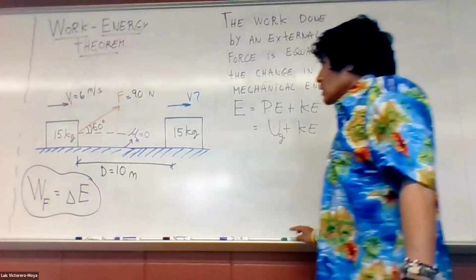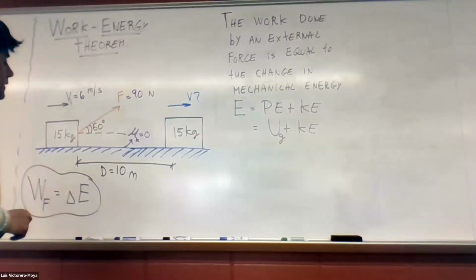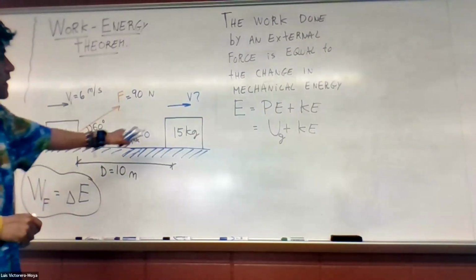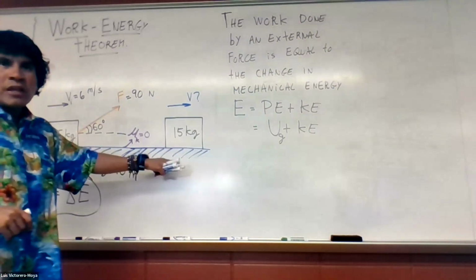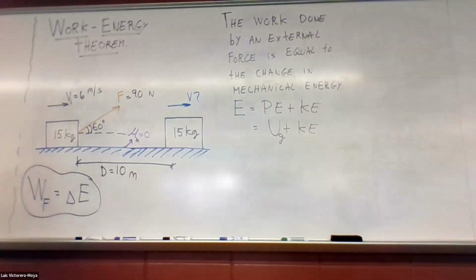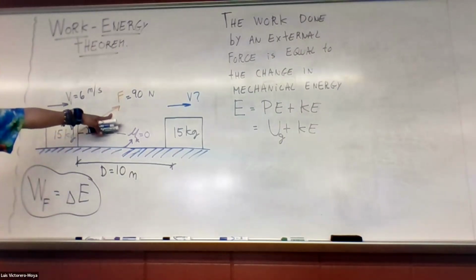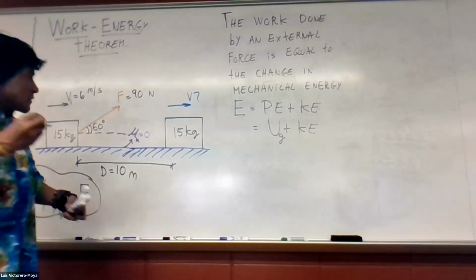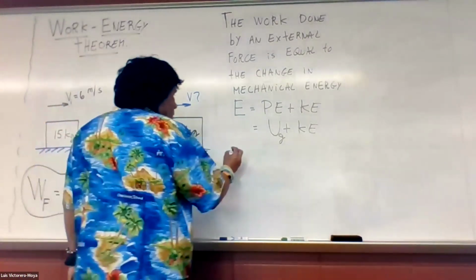So using that, how can I find the speed after the mass traveled this distance of 10 meters? You know that there is an easy way to find the work done by the force.